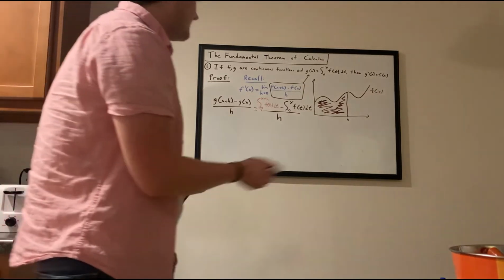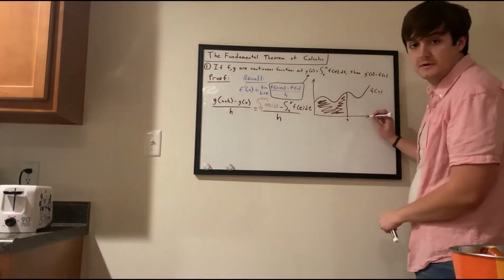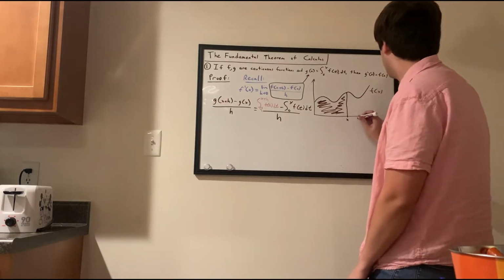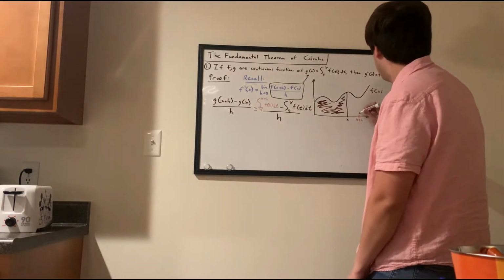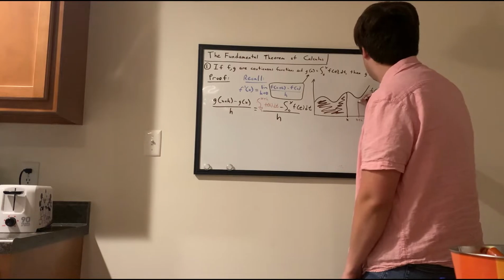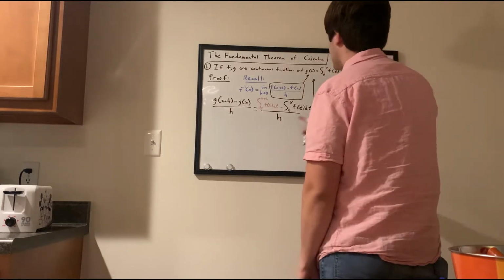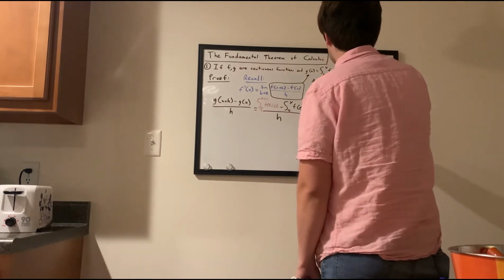So whenever it comes to my picture, I'm going to create a point, we'll call this x plus h, and so now what I want is the integral from 0 to x plus h.